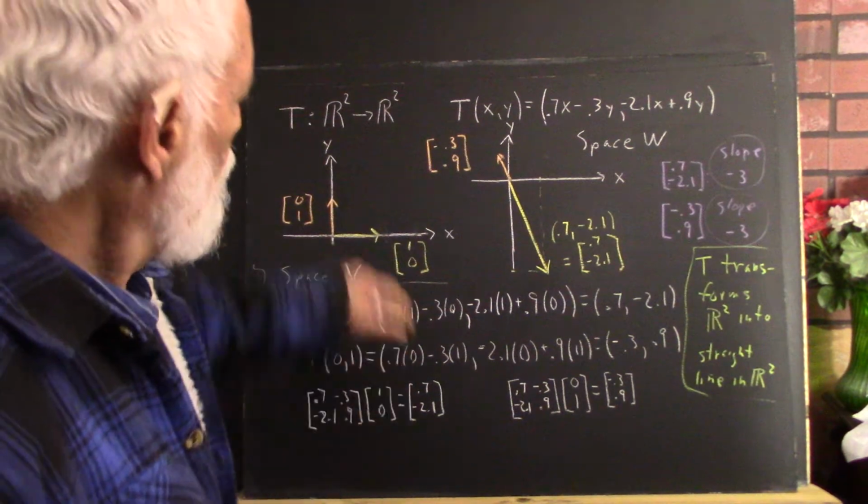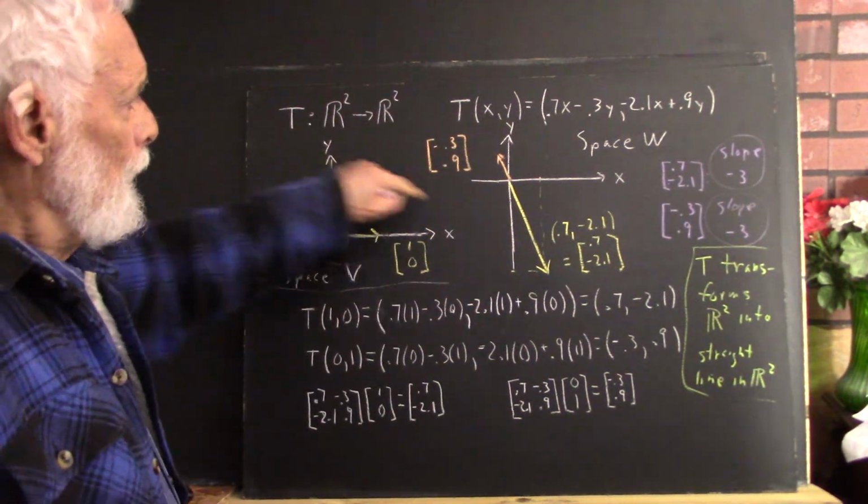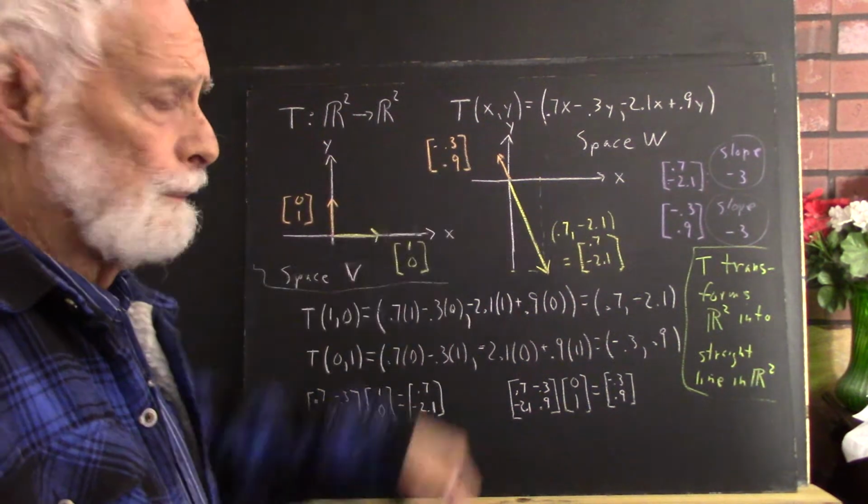Meaning T takes a two-dimensional space and maps it into a one-dimensional subspace.